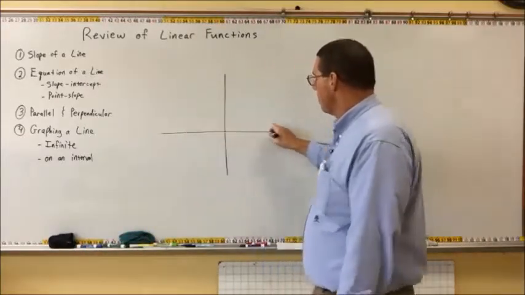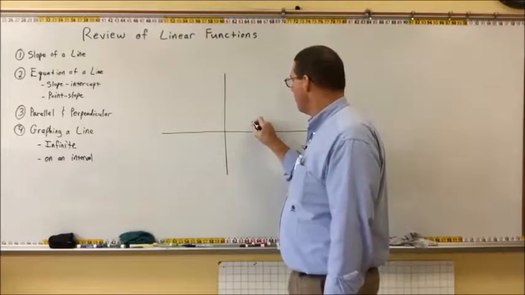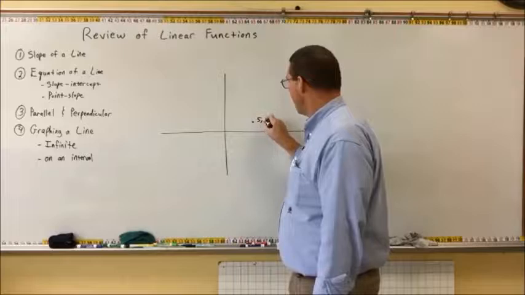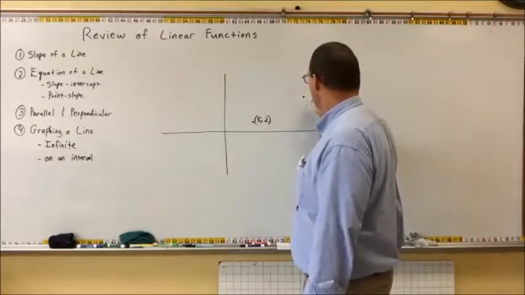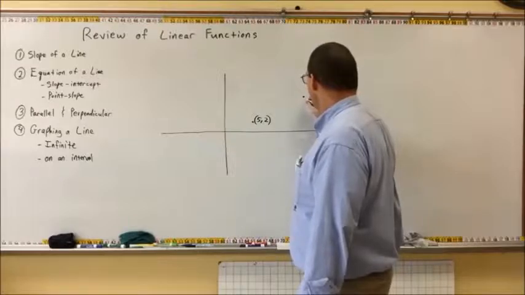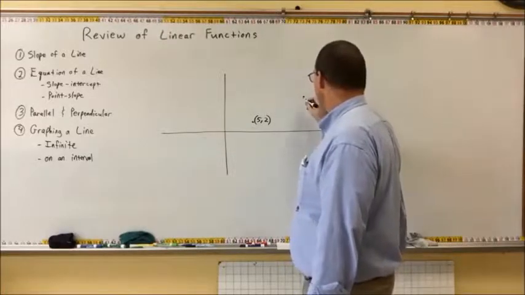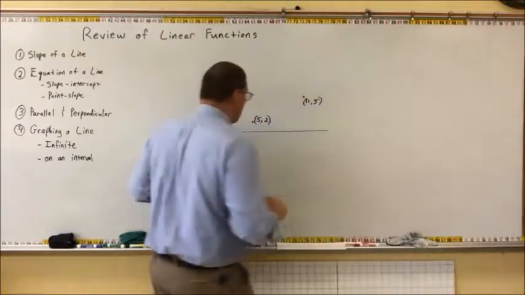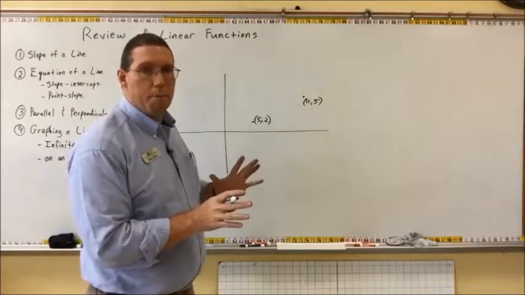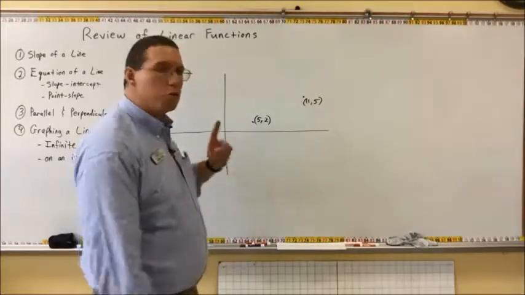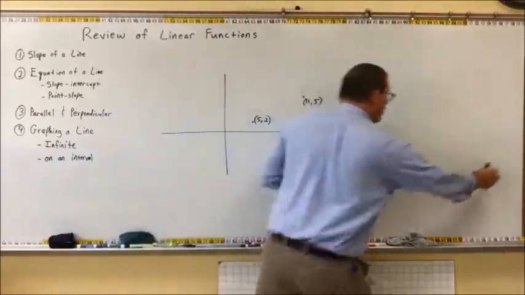So let's say we have the coordinate plane, and let's say we have the point (5, 2), and then we have another point, let's say (11, 5). Okay, so we've got 2 points, and when we're talking about the slope between 2 points, we're talking about drawing a straight line between them.